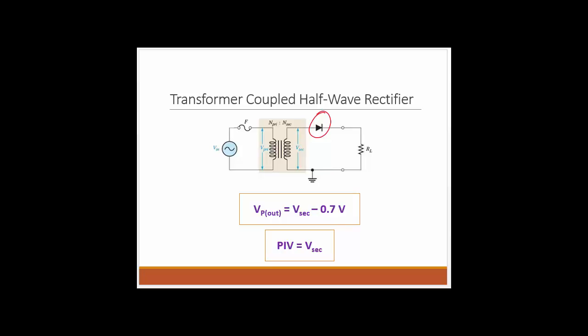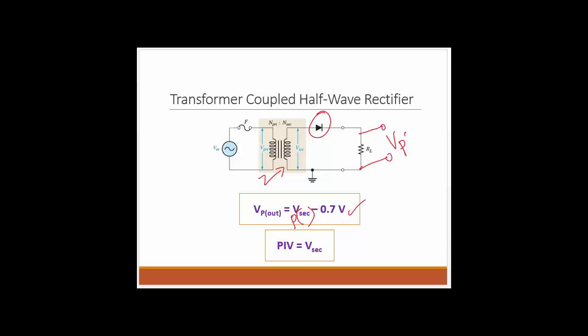So whenever you see a single diode, that rectifier is a half-wave rectifier. As you can see, this half-wave rectifier is transformer coupled, meaning that the input signal is coupled through the transformer. So you first need to find the secondary voltage, and subtract 0.7 from it. Again, we are talking here about all peaks. So this is the peak secondary voltage, minus 0.7, which gives you the voltage across this load resistor.